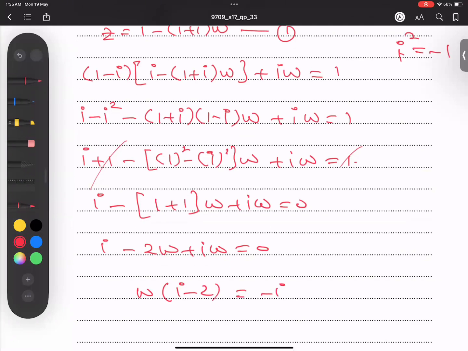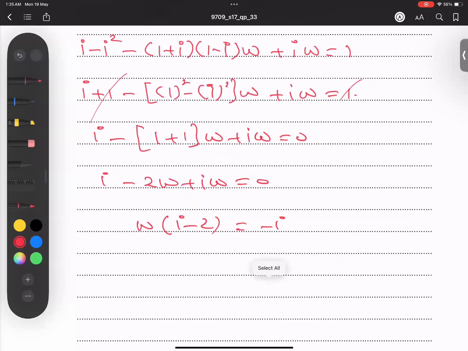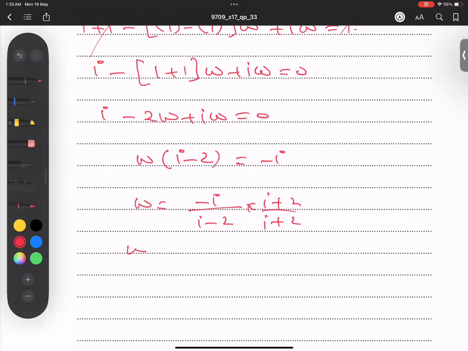I hope so clear. Now after this, what is the rationalization process? The W is equal to negative iota over iota minus 2, and iota plus 2 up and plus 2 down. Rationalization process. So I multiply with both. I got a negative iota to power 2 and -2 iota, and down I'm getting iota square minus 2 square.